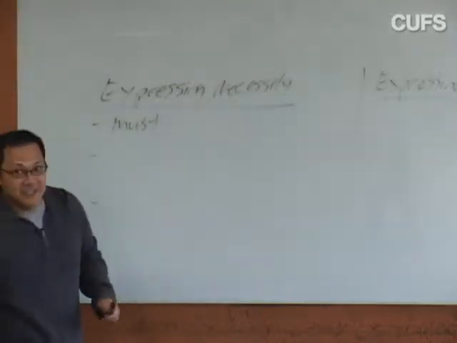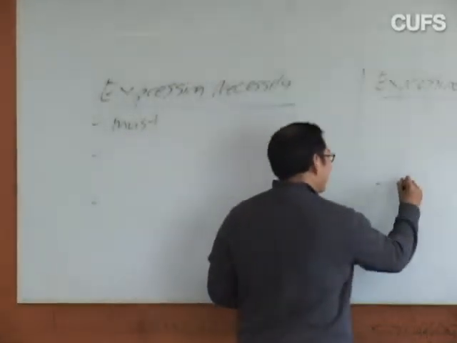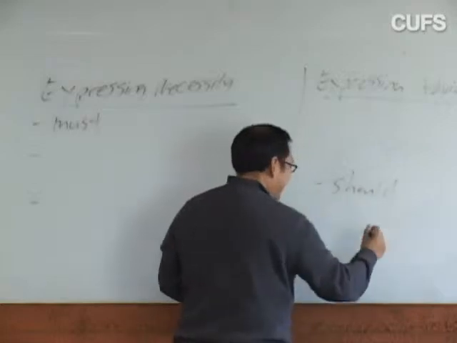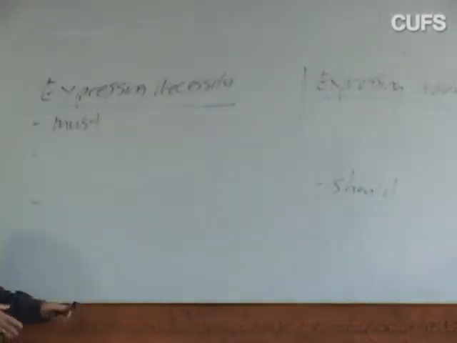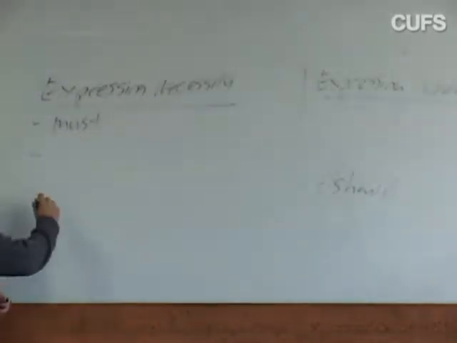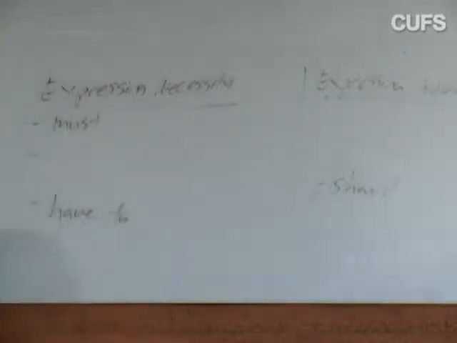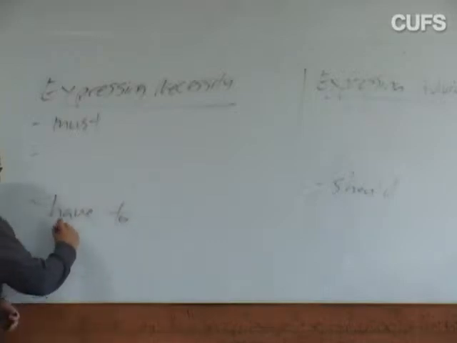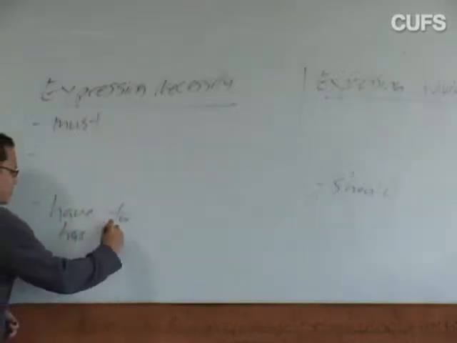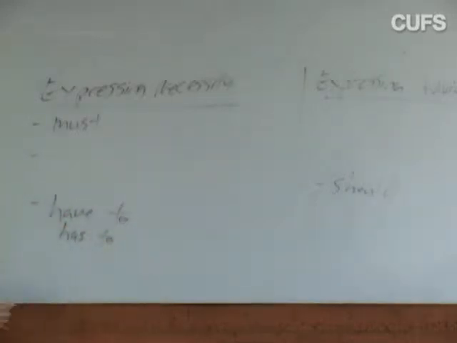Should. Aha, okay. Should is over here. Yes, so that's why we're going to talk about this and practice this today. Okay, so have to would be here. I have to, you have to, they have to, we have to, or he, she has to. Okay, same thing.